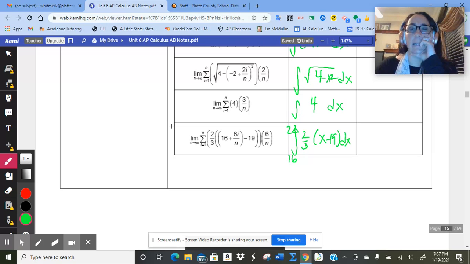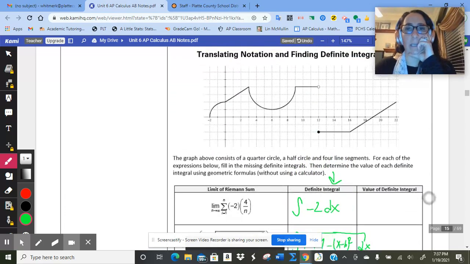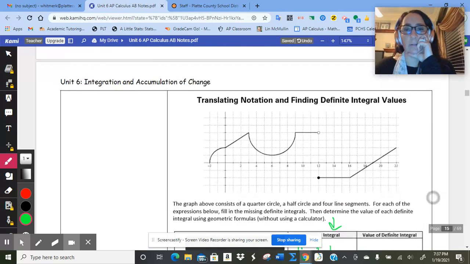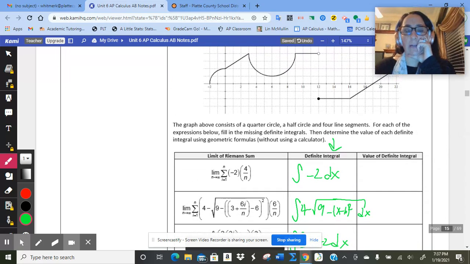So I need to look up here to see where I'm going to start and stop. If I'm looking at the -2, here's where I am at -2. And so I actually want to take this from 12 to 16. So this one was a little bit different that way. Otherwise, I'd say from 0 to 4, but that one doesn't have the -2.